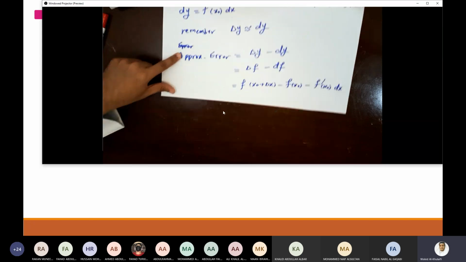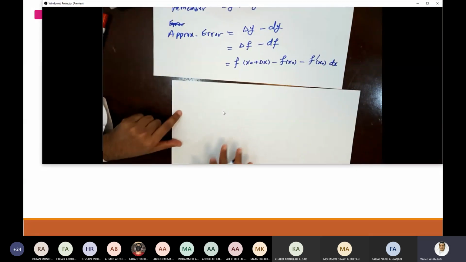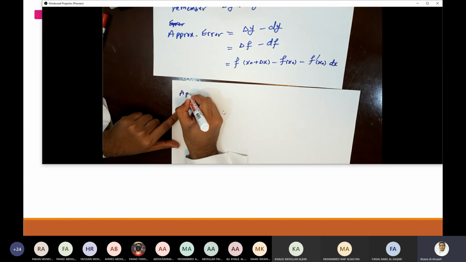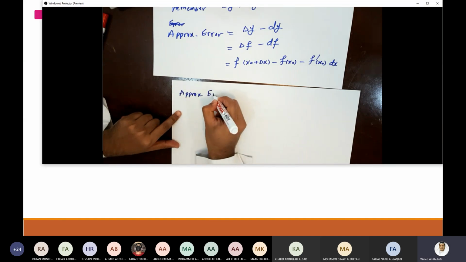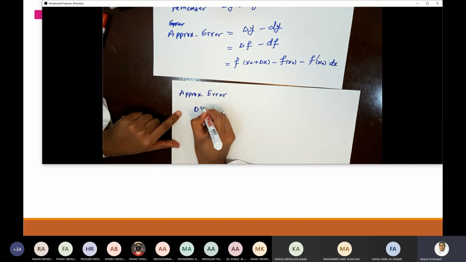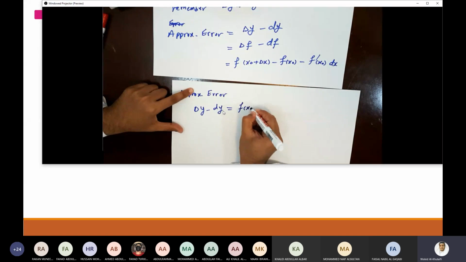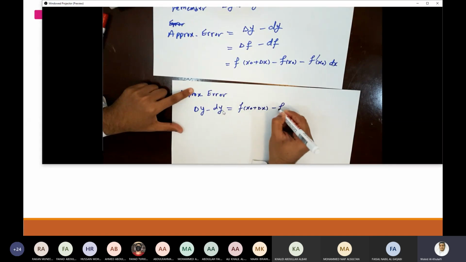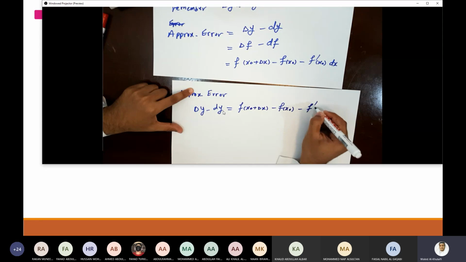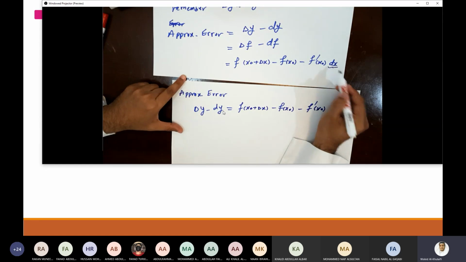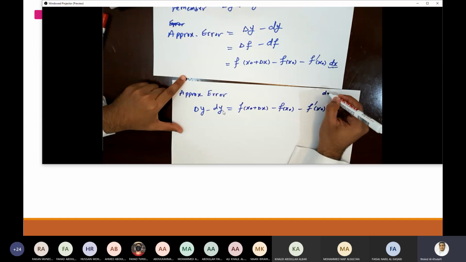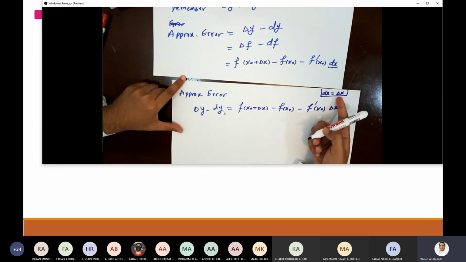Now let's continue here. Remember this is the approximation error, which is delta y minus dy, and we reach this step: f of x naught plus delta x minus f of x naught minus f prime of x naught times delta x. Remember I can replace delta x by dx. By default we say the change in x equals the differential of x, we put them equal.